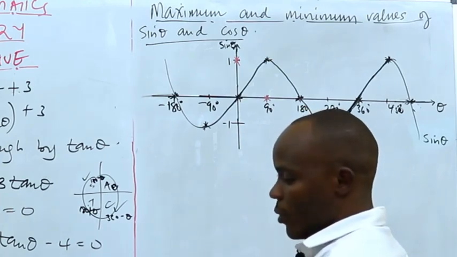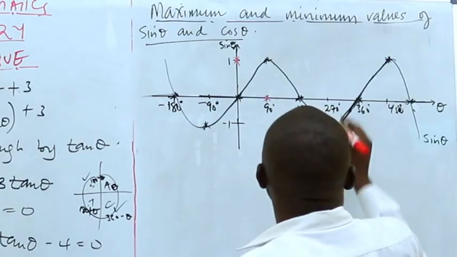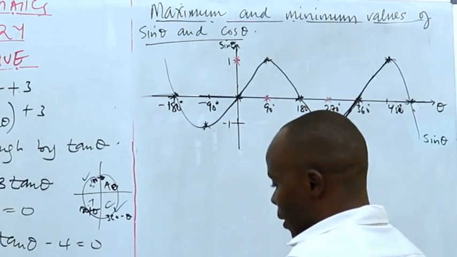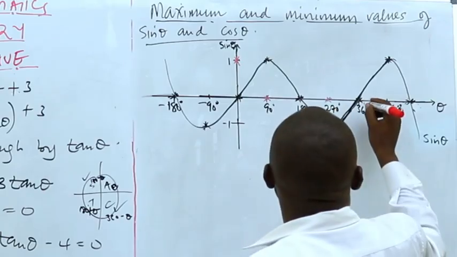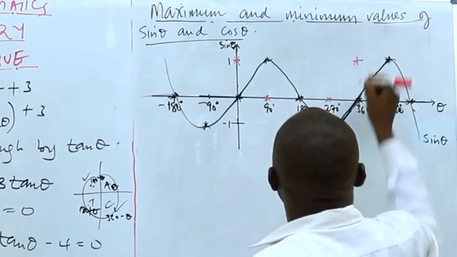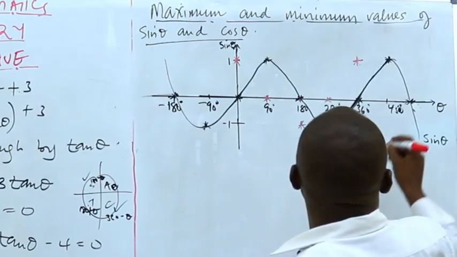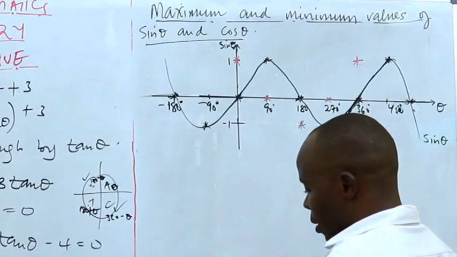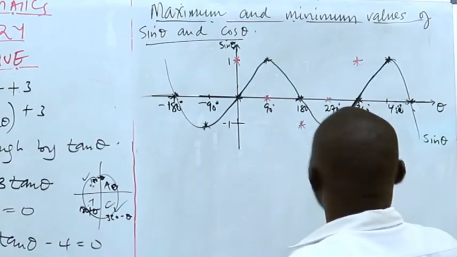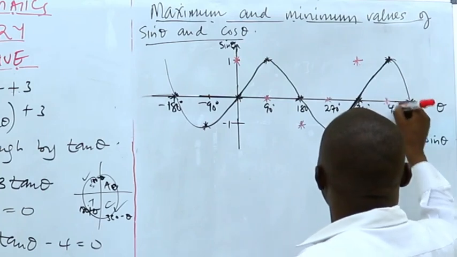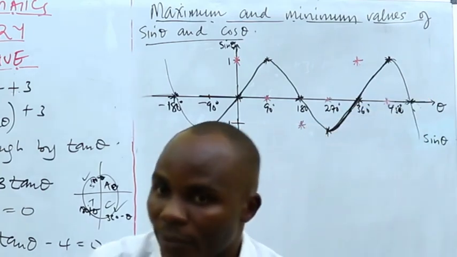That one is 0. Then cos of 360. That one is 1. Cos of 450. That one is 0. This one here is 0, that one there is 0.